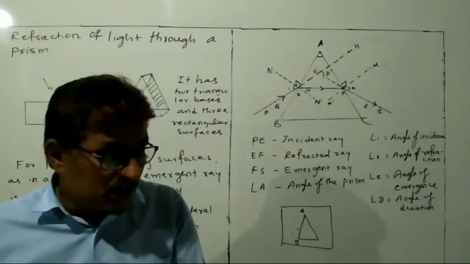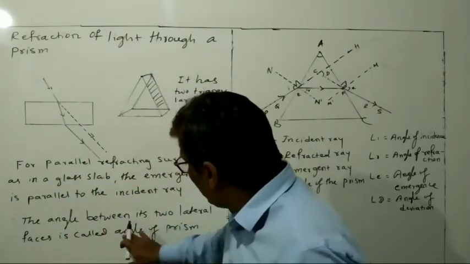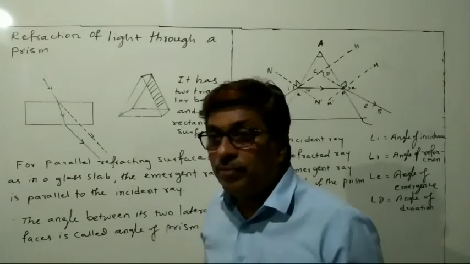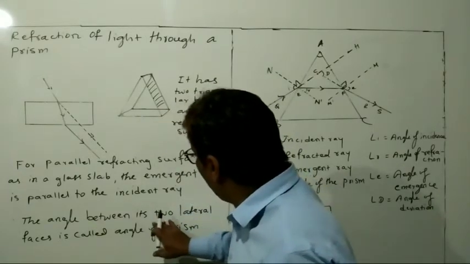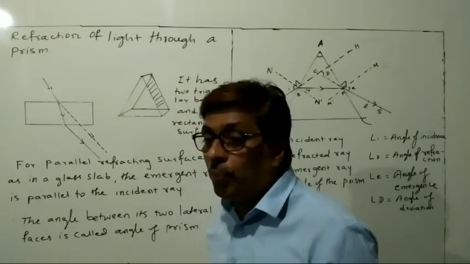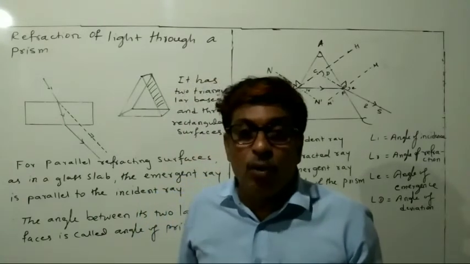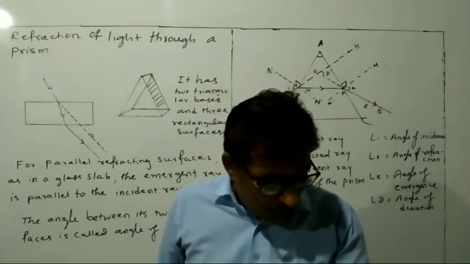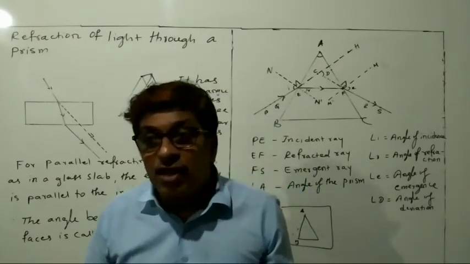Here a more important point: what is the angle of prism? This is your highlighted point. The angle between the two lateral faces is called the angle of prism, as you have learnt. This one is so important for you.